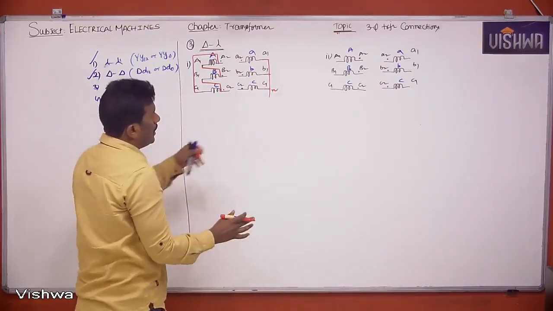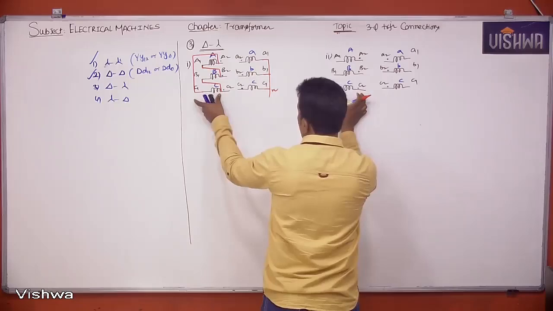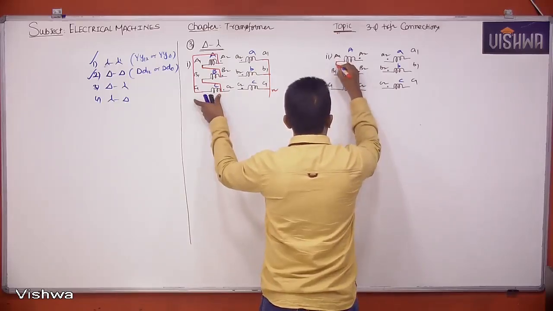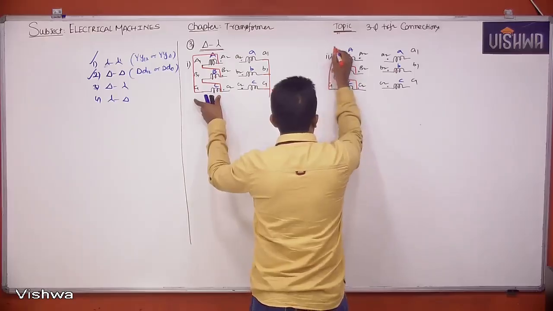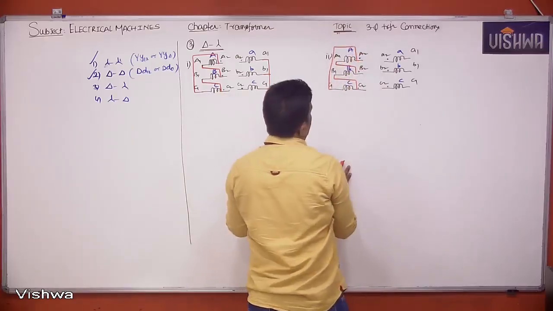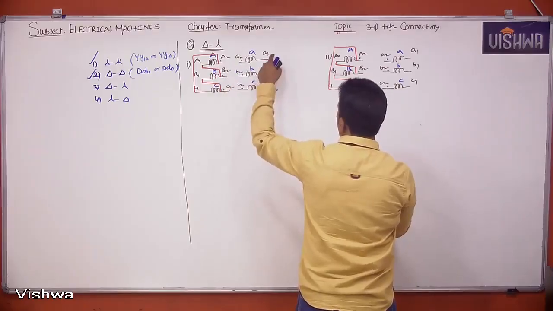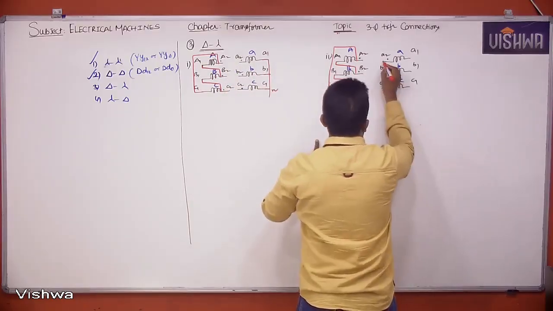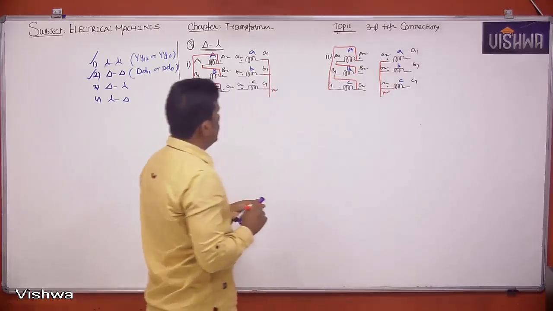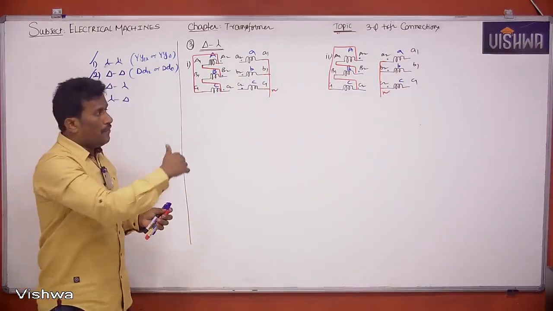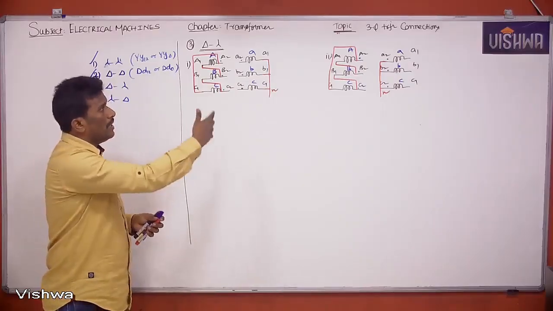In case 2, I'll take the primary the same as in case 1, non-dotted to dotted. Here, instead of taking output from A2, B2, C2, I'll take output from A1, B1, C1 by providing neutral to A2, B2, C2. These are the 2 cases, and after this I'm going to explain 2 more cases, because in delta star we'll be getting 4 cases.